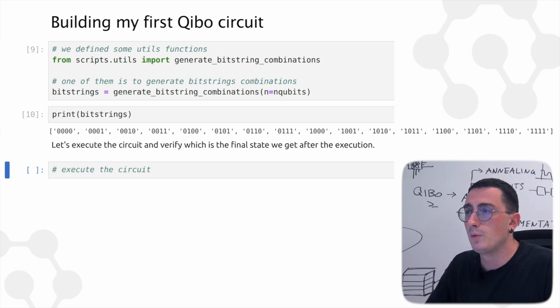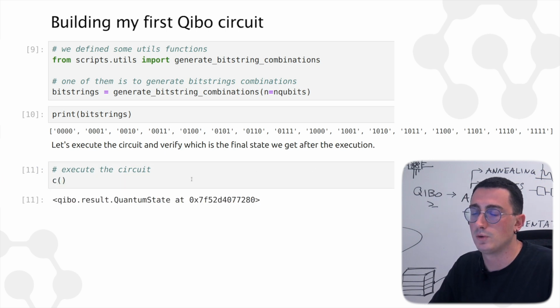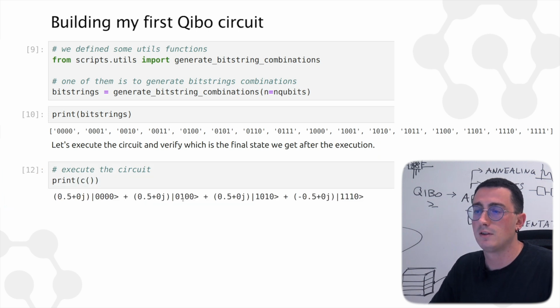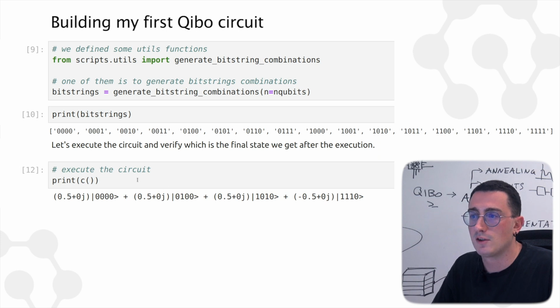Going on, we can now execute the circuit we already coded before. And it's simple because you can just type c, open close parentheses. So you call the function and you execute the circuit. As you can see here, what you get is a quantum state, an object of Qibo. If you print it using the Python print function, you will see the quantum state, which is a certain combination of these 4 possible states here.